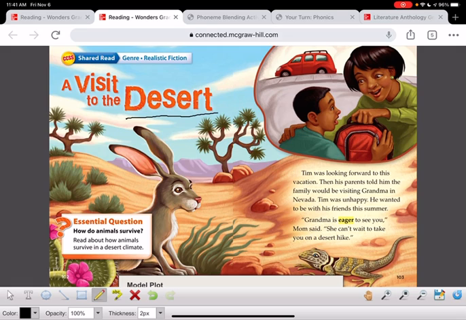See? In the desert. So remember, the setting is where the story is happening. And then the characters are who are involved in the story. So we have Tim and then Grandma, and think of a couple other people that are also involved in this story.